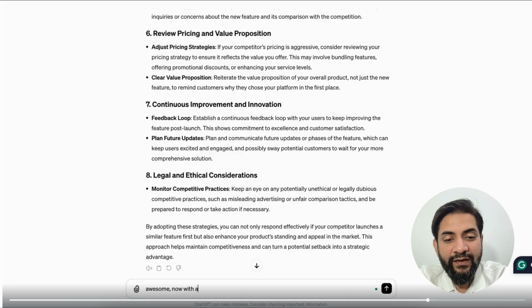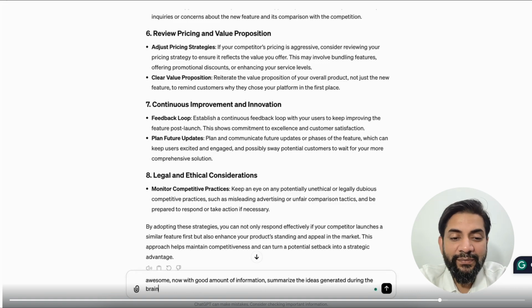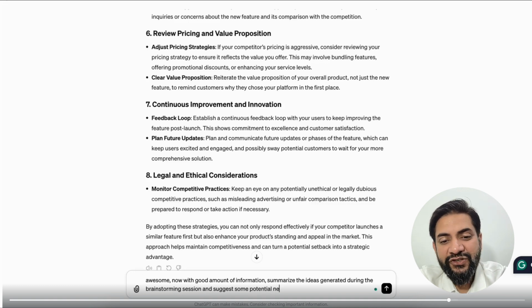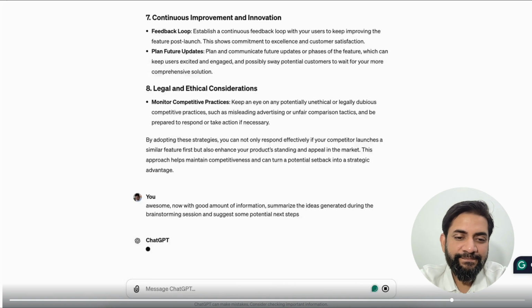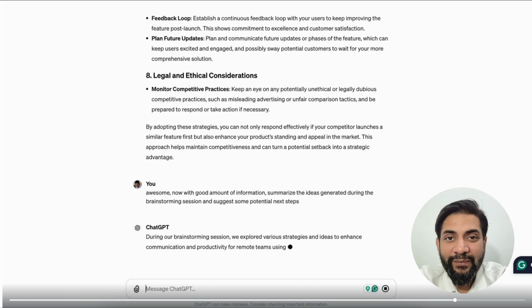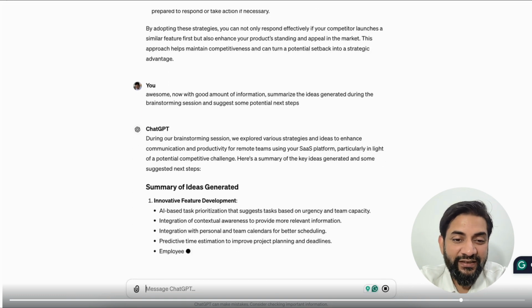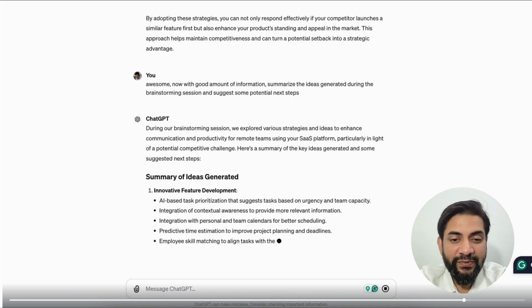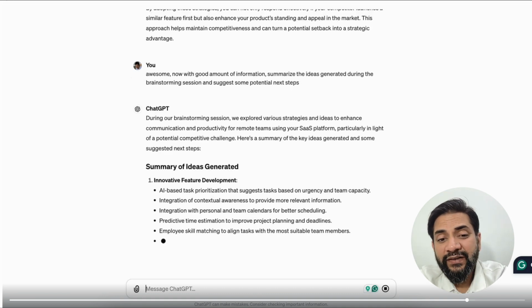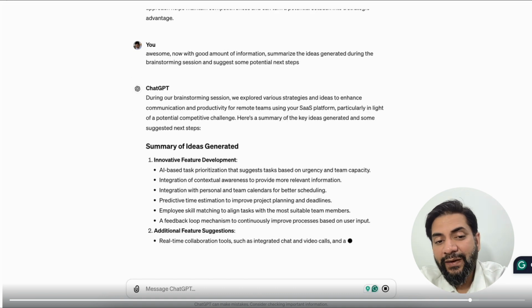Yes, awesome. Now with a good amount of information, summarize the ideas generated during the brainstorming process and suggest some potential next steps. Now ChatGPT summarizes all that we discussed, starting from AI-based task prioritization, integration of contextual awareness, integration with personal and team calendars, predictive time estimation, employee skill matching, and a feedback loop mechanism.